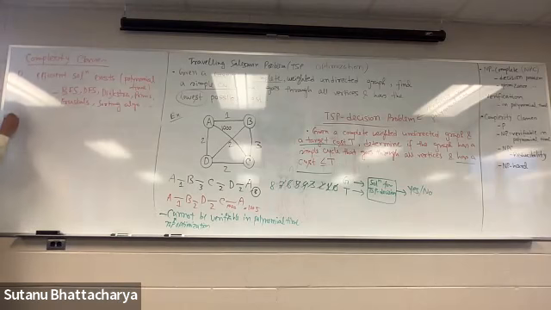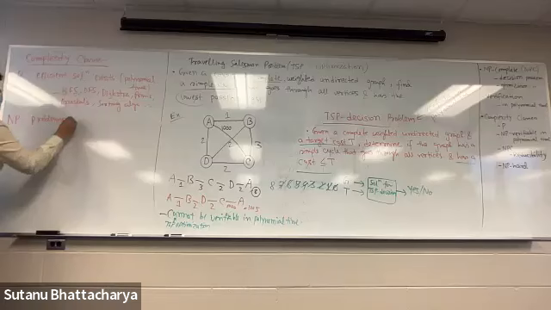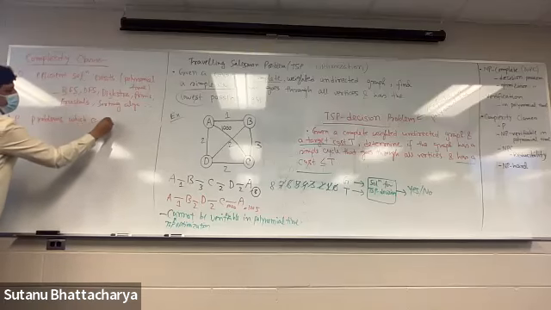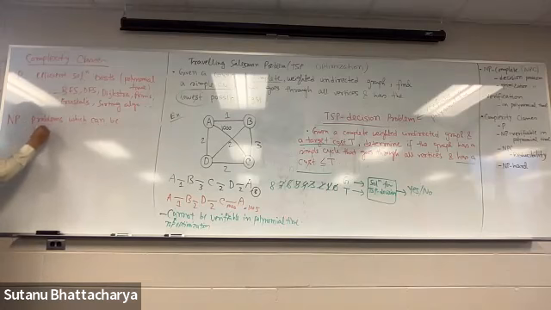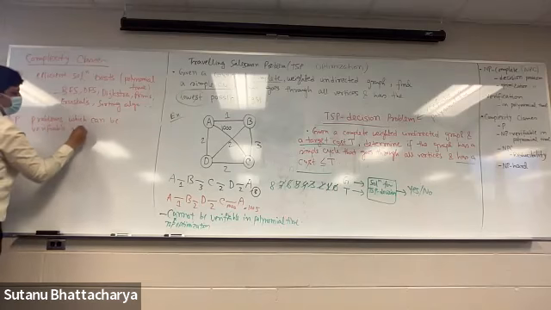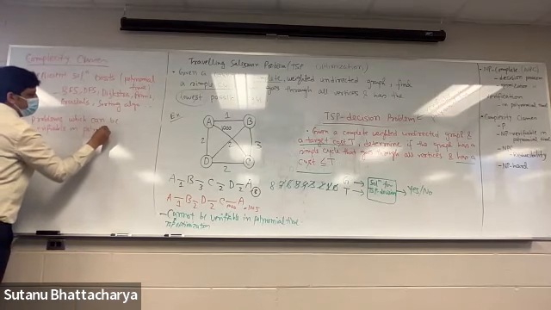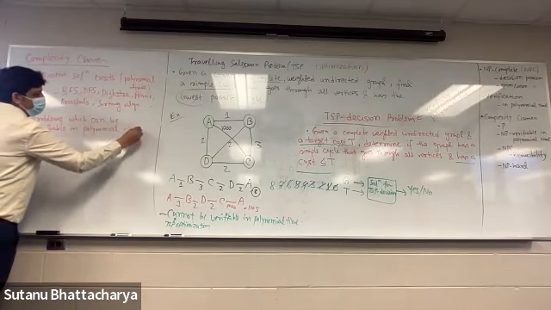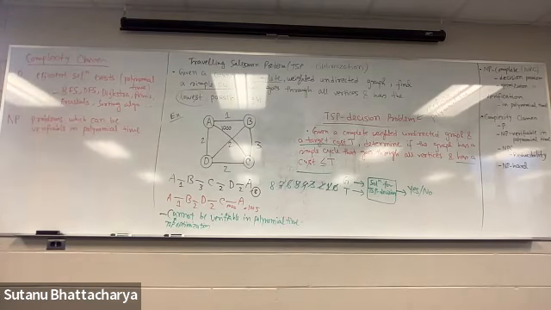Then let me introduce NP. NP is problems which can be verifiable in polynomial time. Then we'll call it class NP. The NP class is clear to you, like the previous example, the subset sum decision problem. The solution can be verifiable in polynomial time.